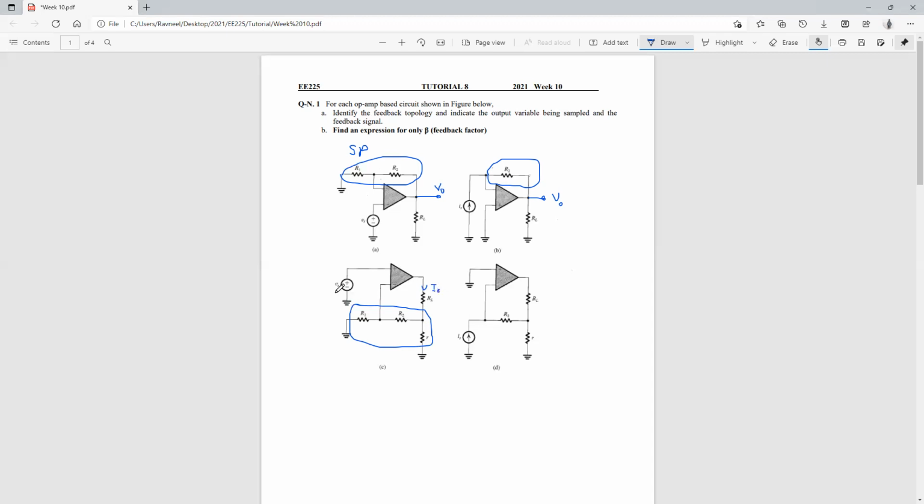So in this particular case, this particular network was a shunt configuration. Shunt is also parallel, so I'll be writing P on top over here.